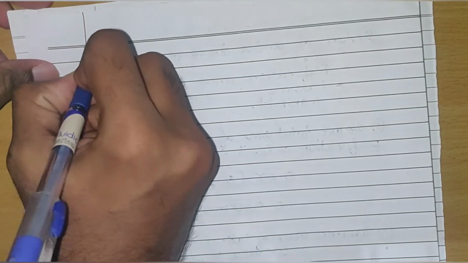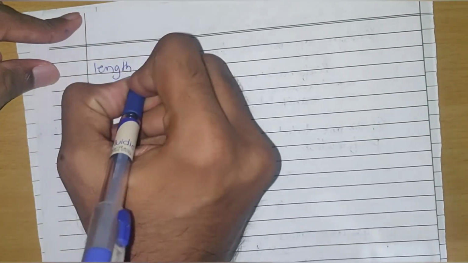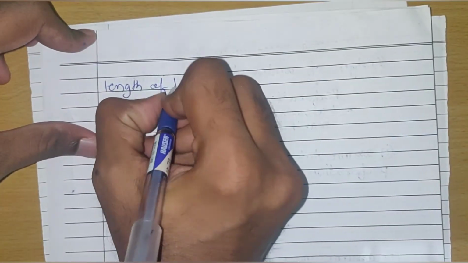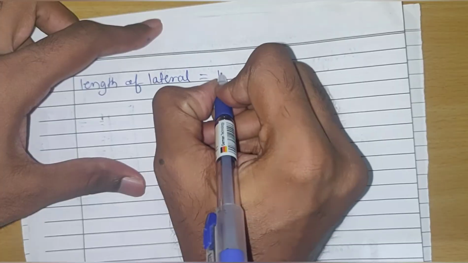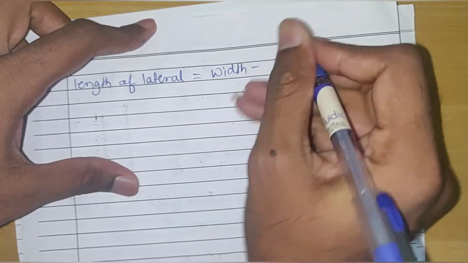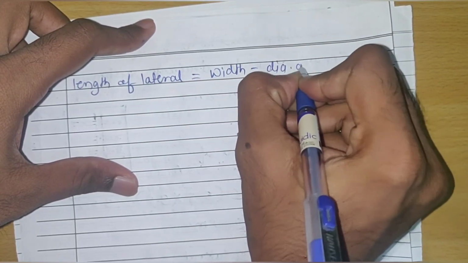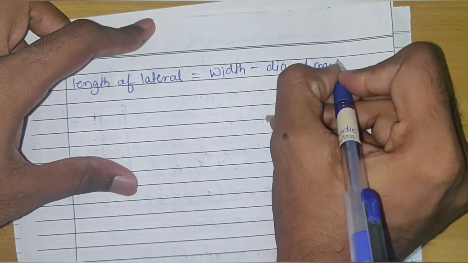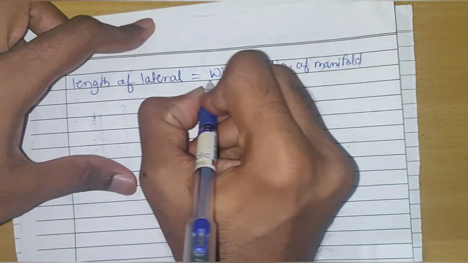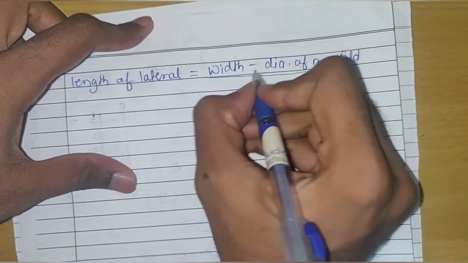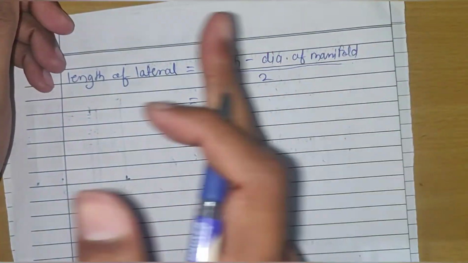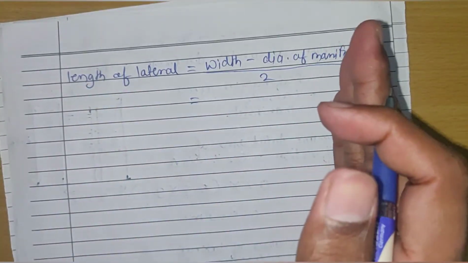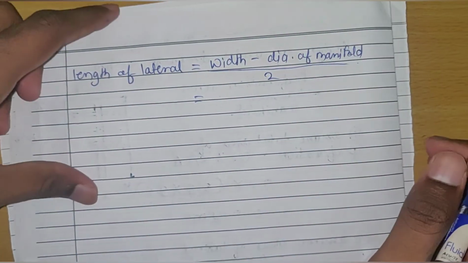So the length of lateral is equal to the total width minus the diameter of manifold, divided by 2, because the laterals are placed half to the left side of the manifold and half to the right side of the manifold.